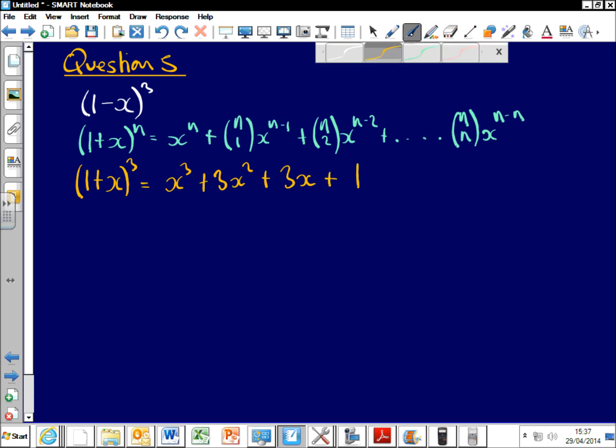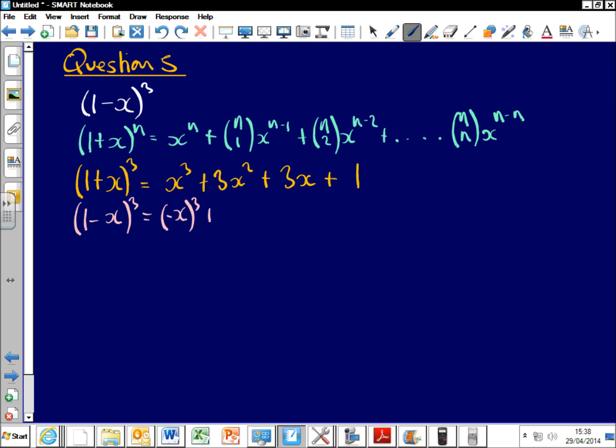Okay, so the expansion of 1 minus x, well, the only difference is that the x is now a minus x. Does that make sense? So I'll go through the expansion I've just done, and I'll change all the x's for minus x's. But that means that I have to cube them and square them, and that's usually where people go wrong with this.